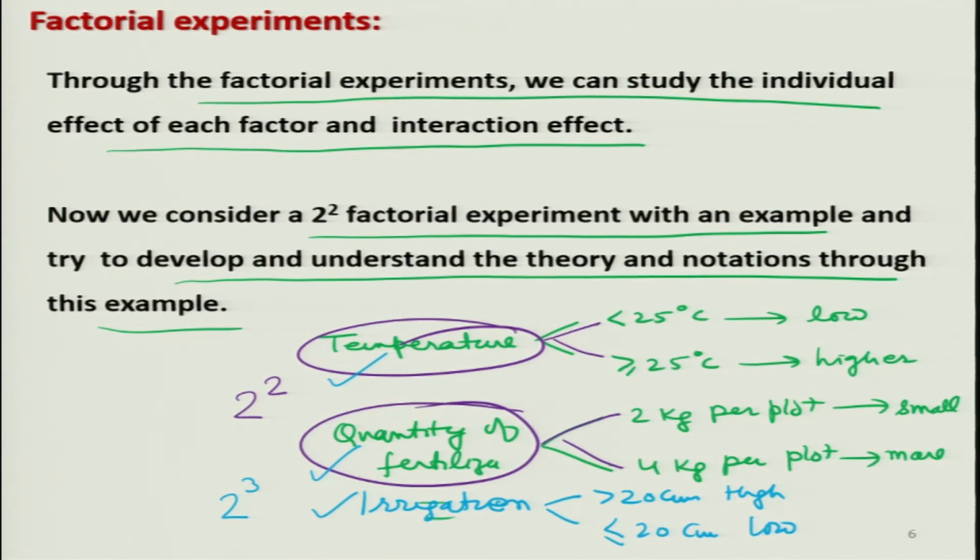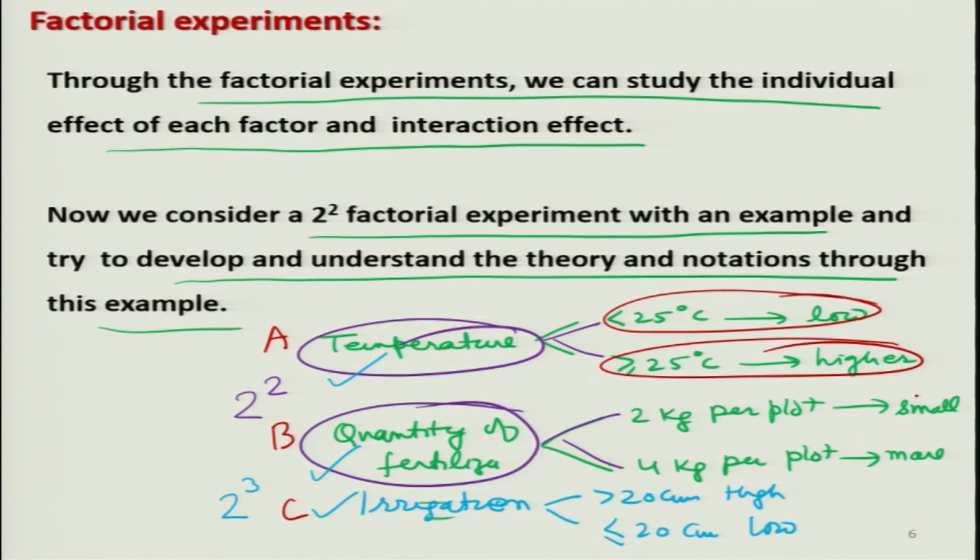And now you can see that we have these variables. So, variables are going to be indicated by capital letters, say capital A, capital B, capital C, and we have 2 levels for each of the factors.